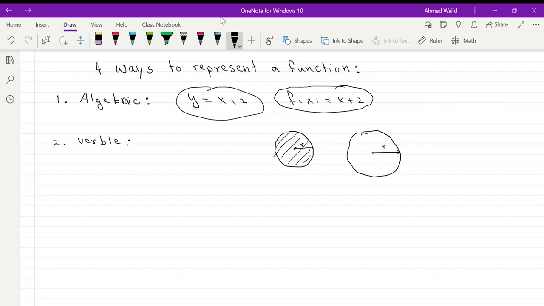They put a word problem or an application for you, but that also can represent a function. Number three, table. Correct? A table can represent a function.